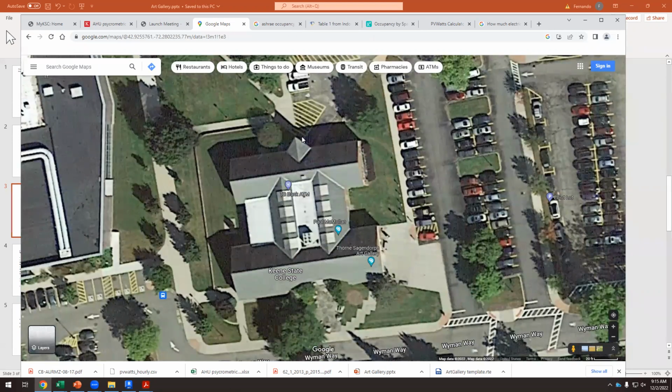Okay, so this is the roof that I told you. Probably this is an indoor mechanical room on the second floor in this part. And then we have this for the outdoor equipment that we don't see.